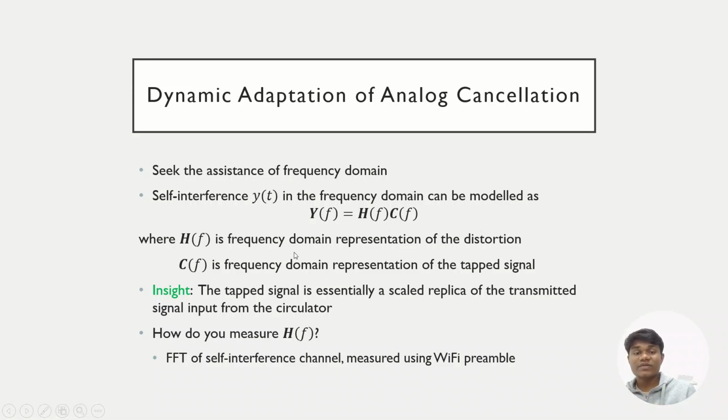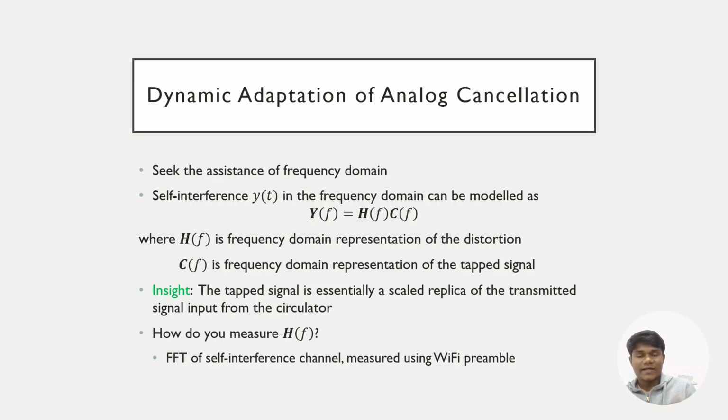And H of f is the frequency domain representation of the distortion, the extra thing that came into the signal that we transmitted. Apart from the distortion, the tapped signal is essentially a scaled replica of the transmitted signal input from the circulator. Simple, we tapped it earlier. Thereafter, the distortion was added. That is the reason that we are able to write this expression.